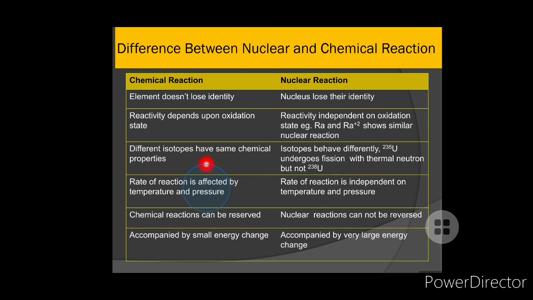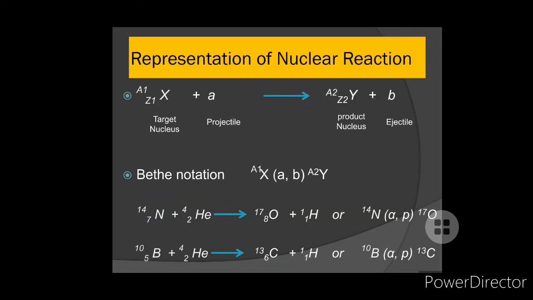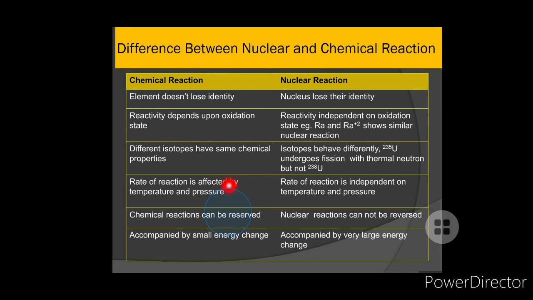The rate of chemical reactions is affected by temperature and pressure, whereas the rate of nuclear reactions is independent of temperature and pressure. Chemical reactions can be reversed, whereas nuclear reactions cannot be reversed.